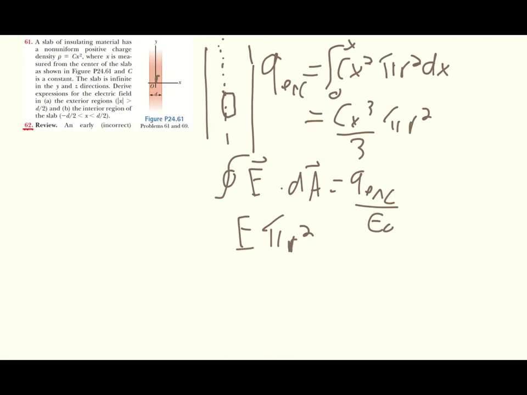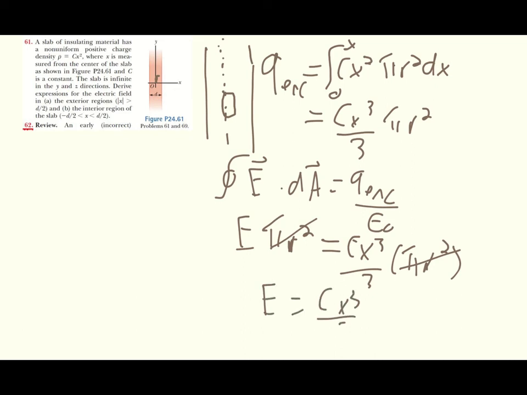We're going to set that all equal to this whole thing over here, c x cubed over 3 times pi r squared. And again, the areas are going to divide out, and we're going to get the field is c x cubed over 3.